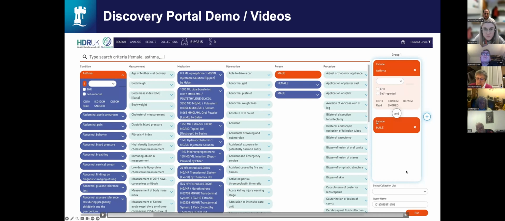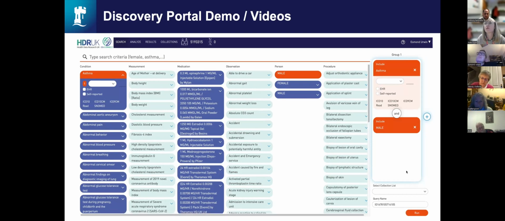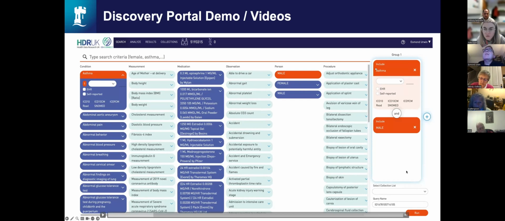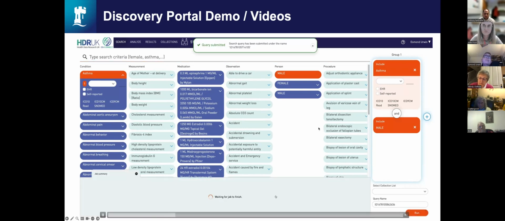Asthma, males, and it will ask the system for all the different data sets around the country that exist in it: could you please tell me those codes around asthma that are male? And it will run for a few seconds. So this is not 6 months or a year and 100 or 200 emails.